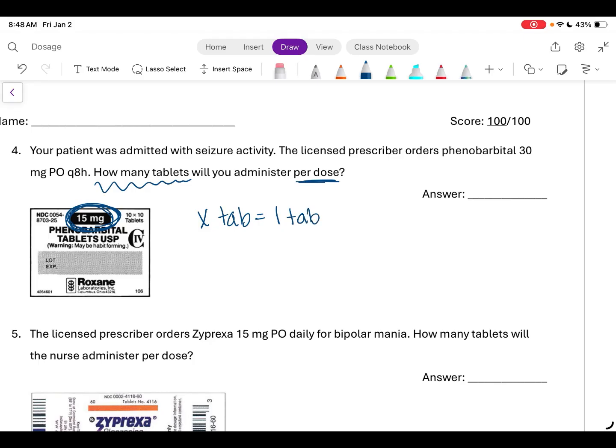So one tablet, 15 milligrams. And then we multiply by the order. So 30 divided by 15 is 2. The answer is usually 2 or 0.5.